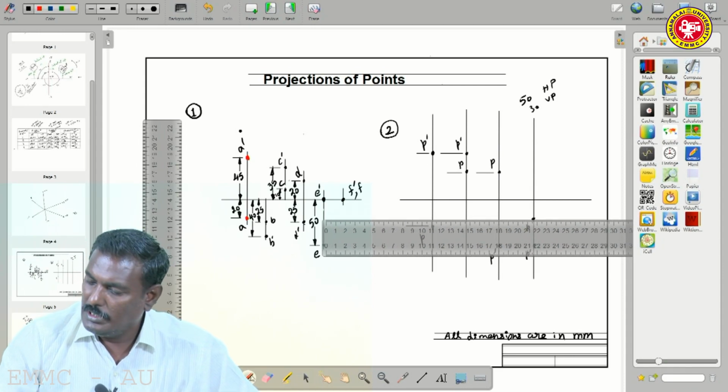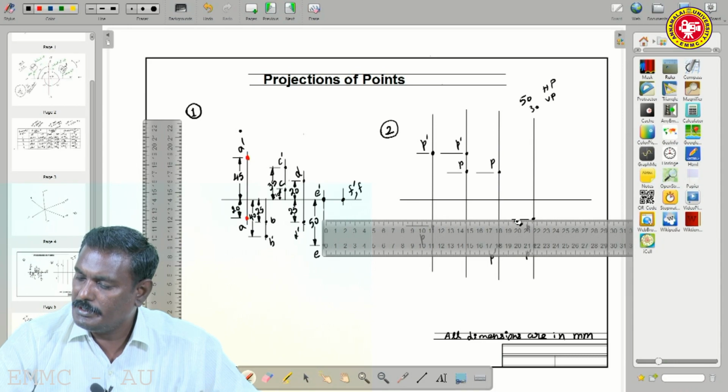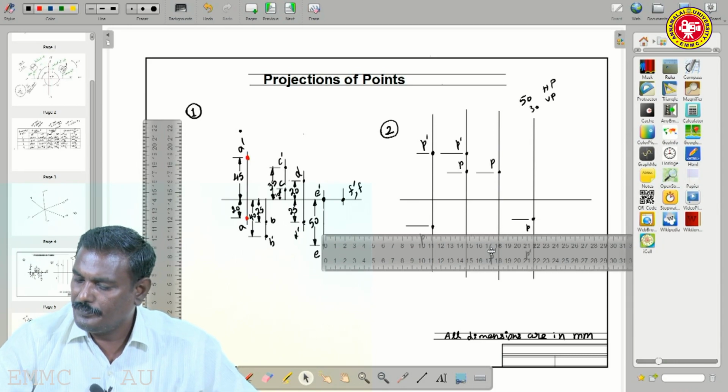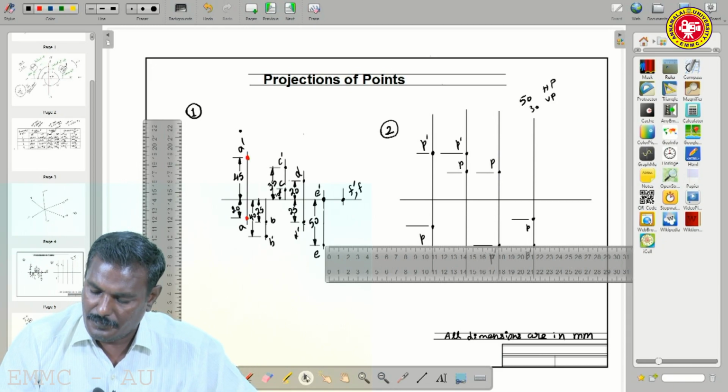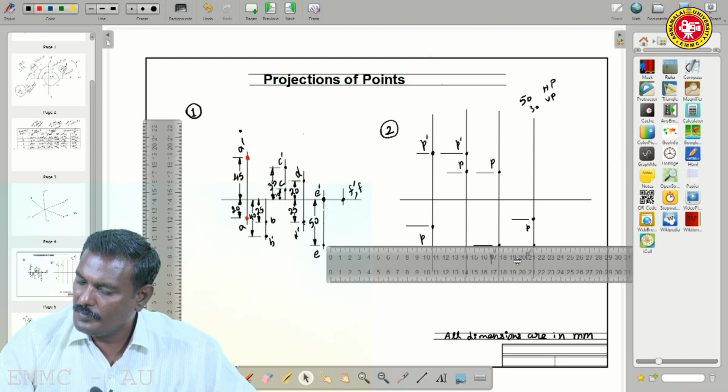For all points you have to draw dimension lines.